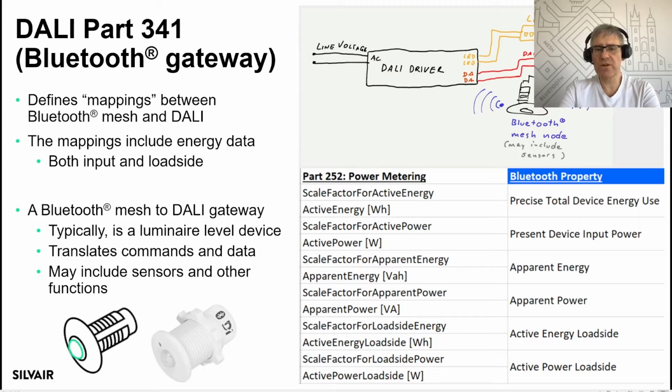What's important here is that the DALI bus is a bi-directional interface, so this gateway device can act as a controller, commanding the driver with commands like dim up, dim down, turn on, turn off, and it also can collect data from the driver itself.